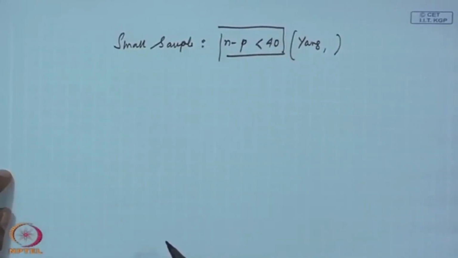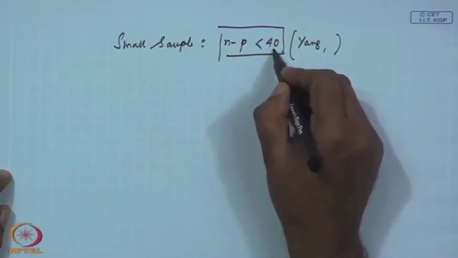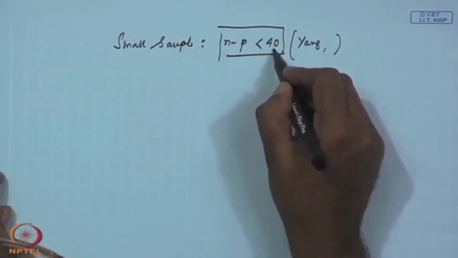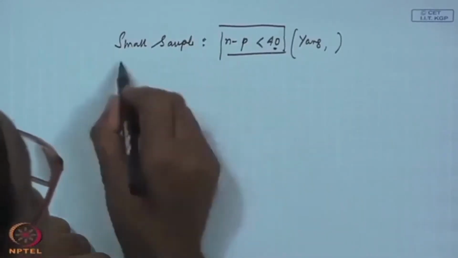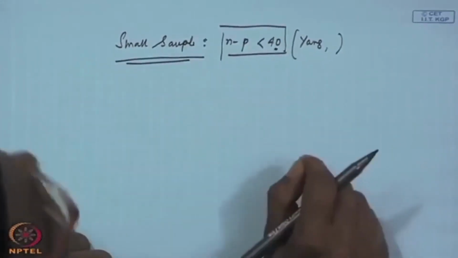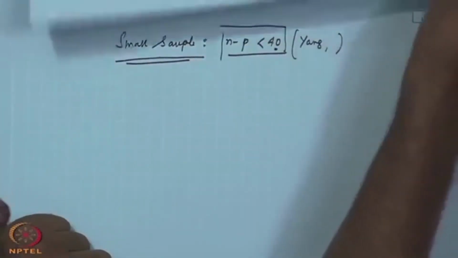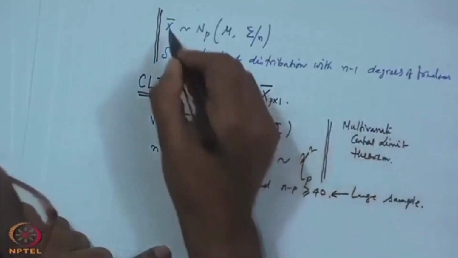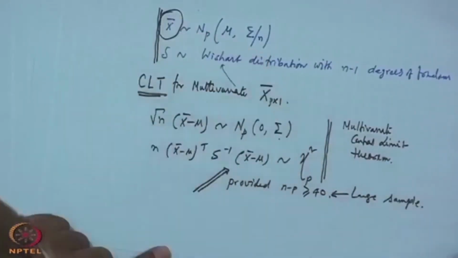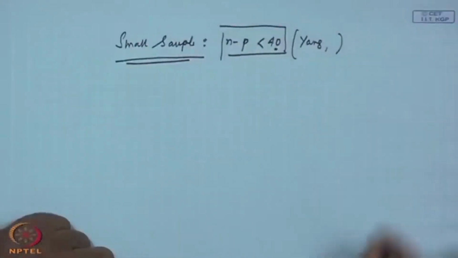Now, let us see how we develop the distribution for the required statistic for x bar when your sample size is small.